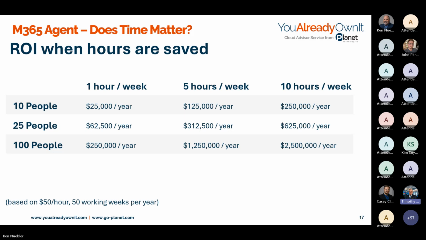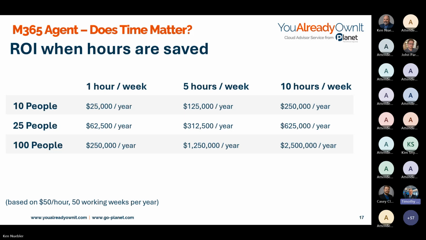If it's 100 people, it's 2.5 million. The point here is, it's those little moments where Copilot agents can save you time. All of those nickel and dime moments add up to serious savings.